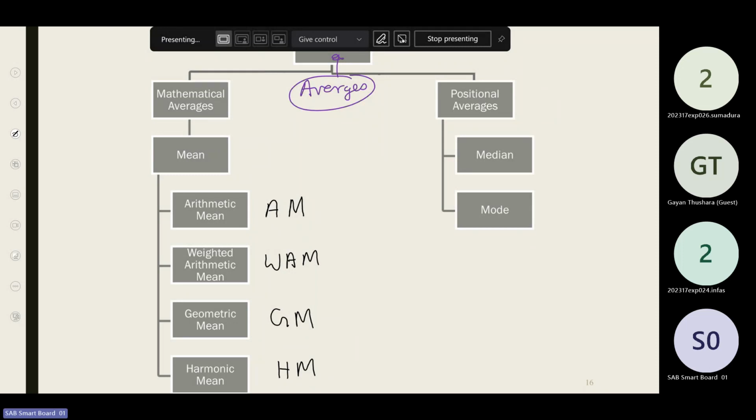Under positional, we have the median and mode. According to the syllabus, we will be discussing the arithmetic mean in detail. I gave you all this so that you have an idea that other than the arithmetic mean, there are some more.